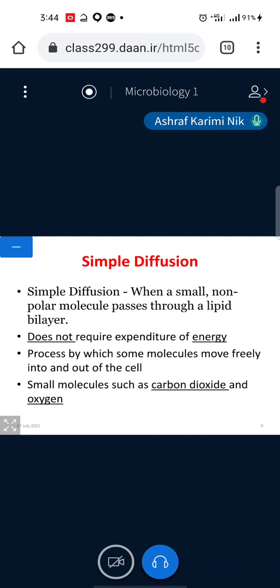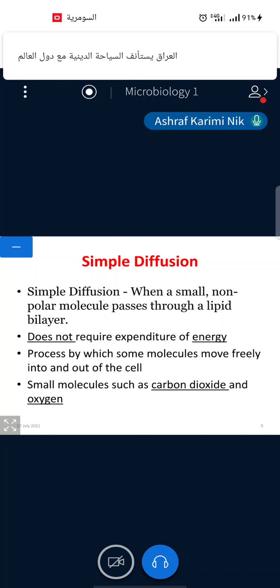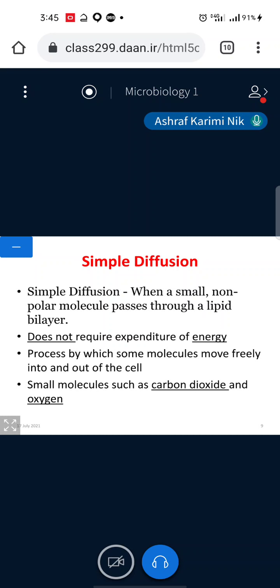It doesn't require expenditure of energy, so transportation is very easy. It is a process by which some molecules move freely into and out of the cell.